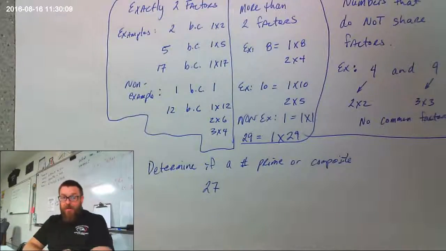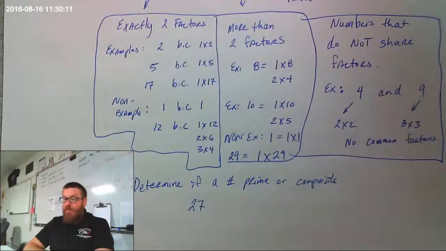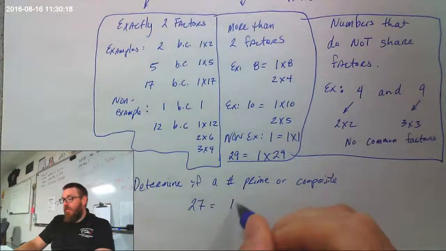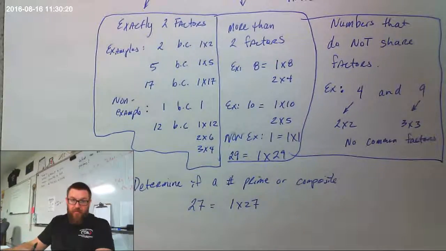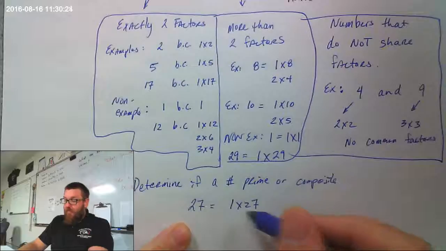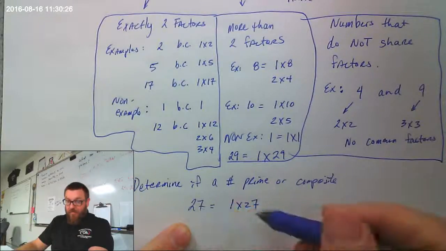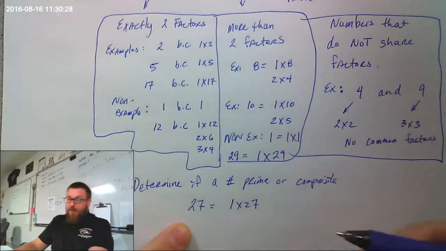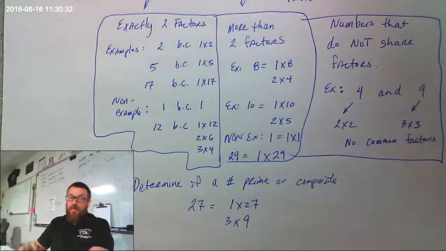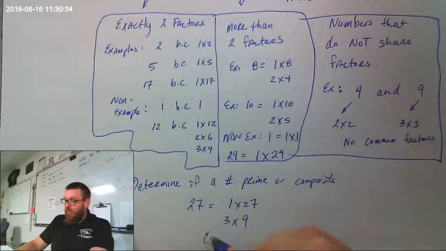What you have to do to determine if the number is prime or composite is factor it. You have to break it down into smaller pieces that multiply to make 27. So 1 times 27 is, of course, 27. And if that was the only pair of numbers that multiplied to 27, if those were the only factors, then it would be prime. But 3 goes into it 9 times. So it is composite.